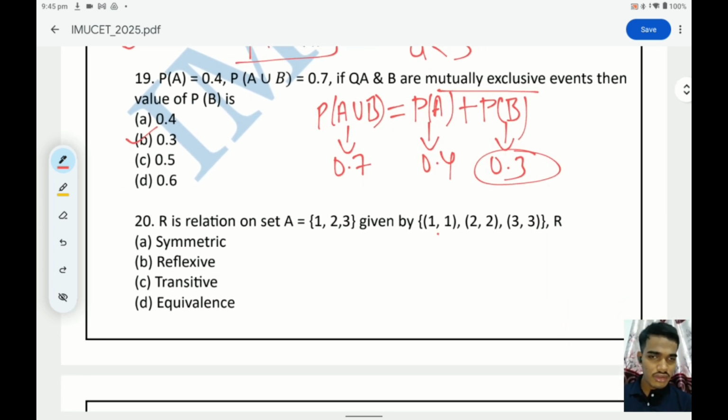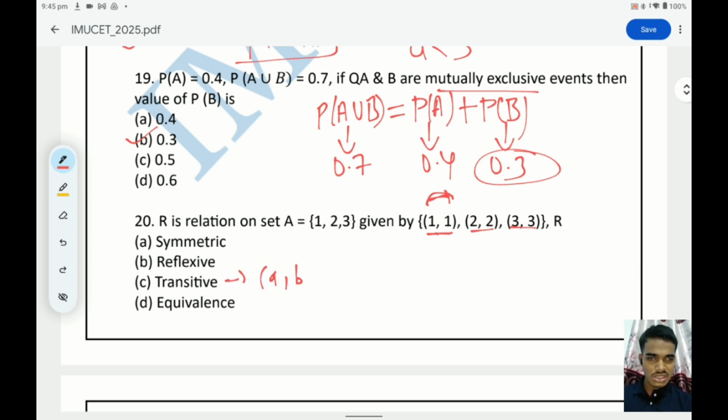Now about question number 20. If you see this, we get this is reflexive. Okay, 1 1, 2 2 and 3 3. Reflexive is confirmed, but we can check this is symmetric also. Its result here and its result here, same input and same output. So this is symmetric also, this is reflexive also. And if we want to know about transitive, what is transitive?